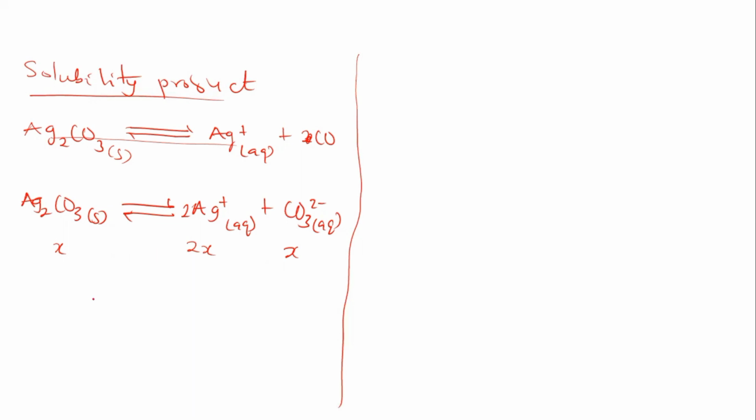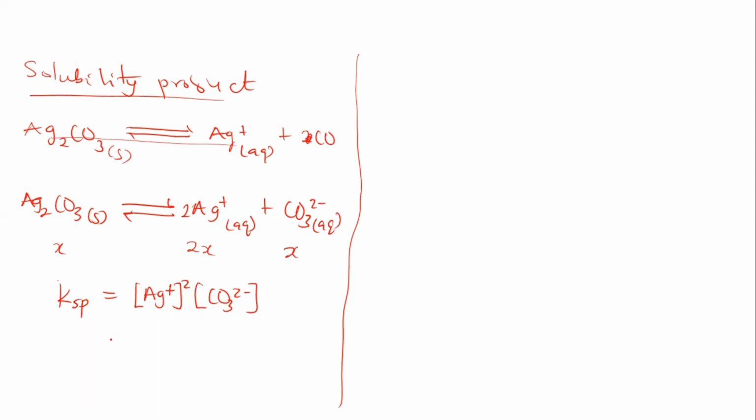Now, when we're talking about the solubility product, we're talking about the equilibrium constant. The equilibrium constant for this one is Ag plus raised to the power 2, the concentration of products over the concentration of reactant. This reactant, we can't put it here because this is solid. It's only aqueous species and gases that appear in the equilibrium constant expression.